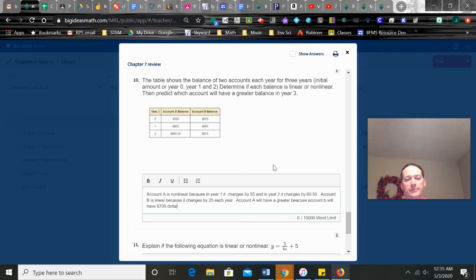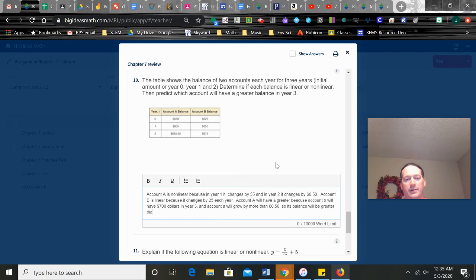And account A will grow by more than 60.50. So its balance will be greater than 700. Okay.